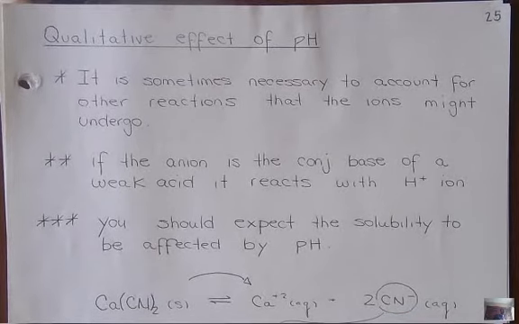And that's a neat thing because it's going to be a way, kind of like Le Chatelier's principle, to remove the common ion from the solution so that more can dissolve. Or you can force it to precipitate because you're adding a common ion.